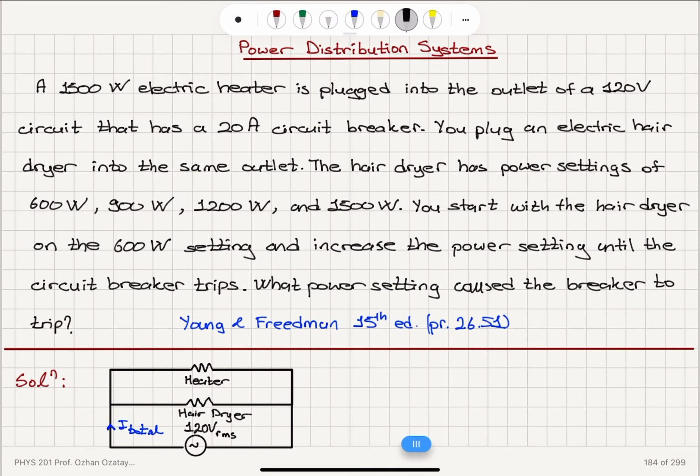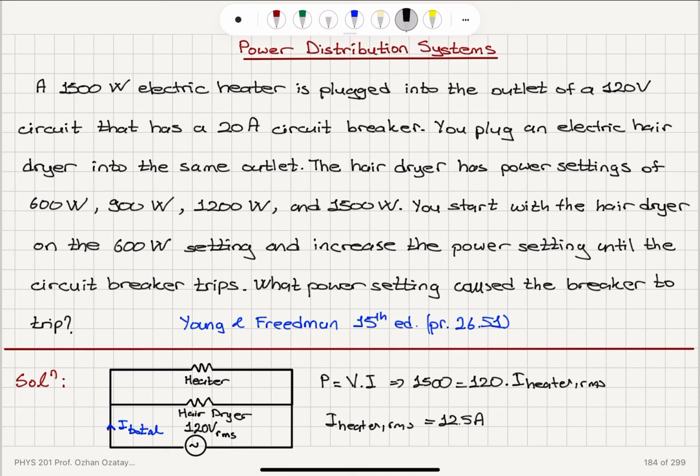Now we know that the electric heater power is related to the voltage across it multiplied by the current, and because it's a 1500 watt electric heater, the voltage is 120 volts, then the heater RMS current that will flow through it will be 1500 divided by 120, 12.5 amps.